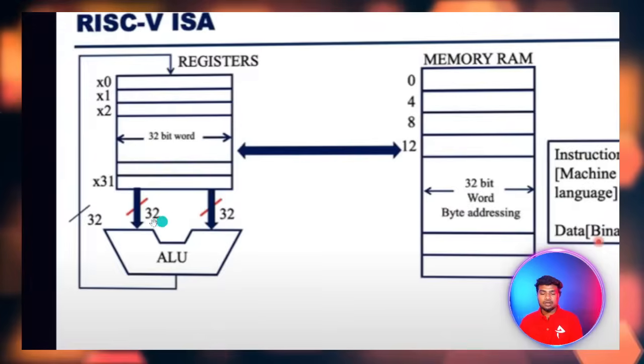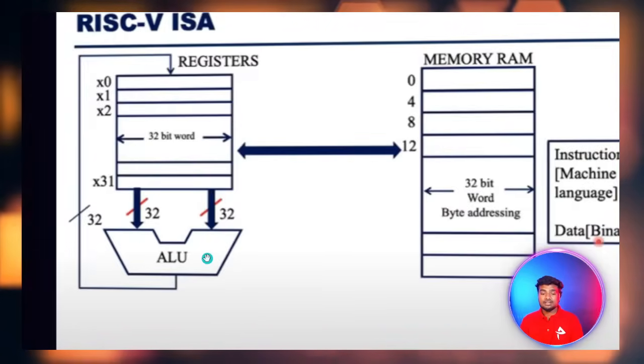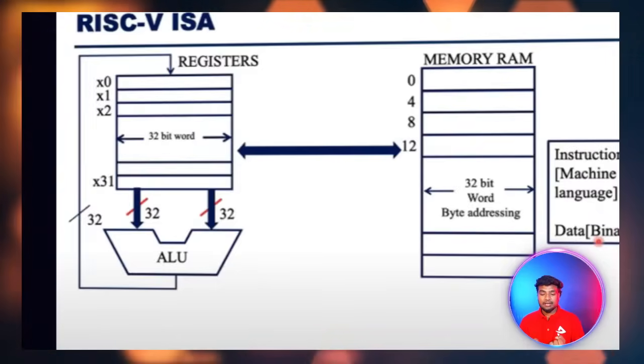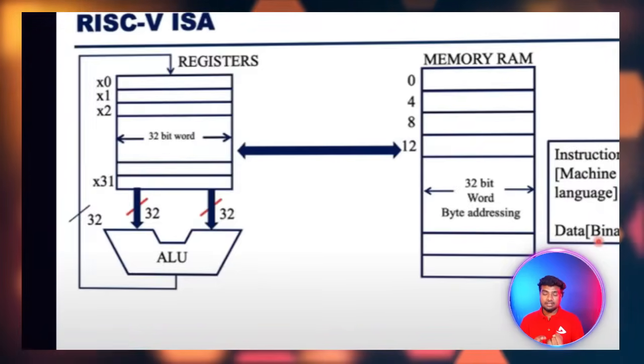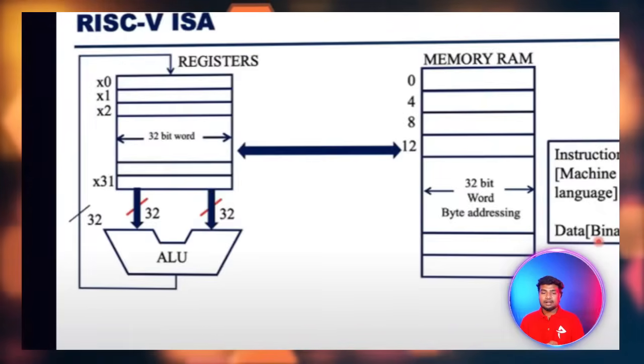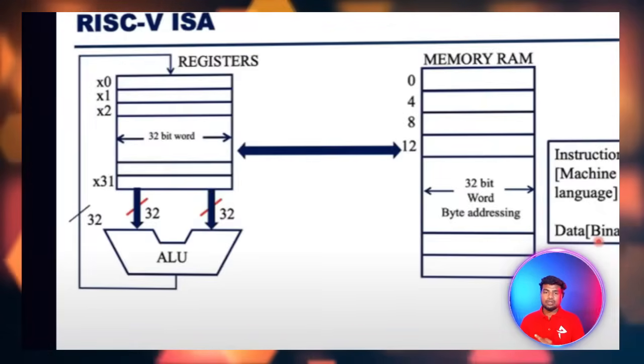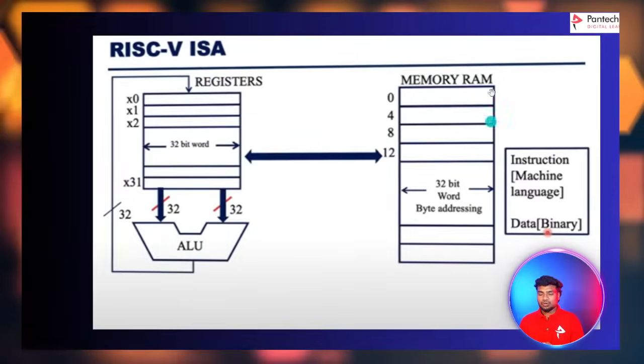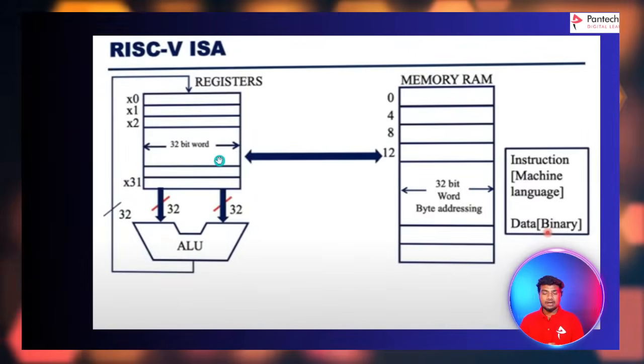So the arithmetic logic unit will fetch the instruction from the register, and not only the instruction, the ALU will also fetch the operands and the operators. I will show you what opcode and operands are. Here we are showing the instruction and then the data.